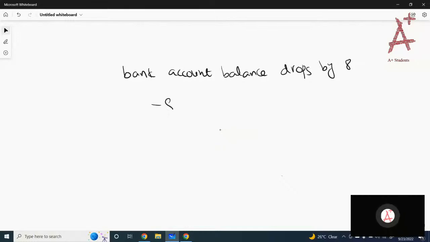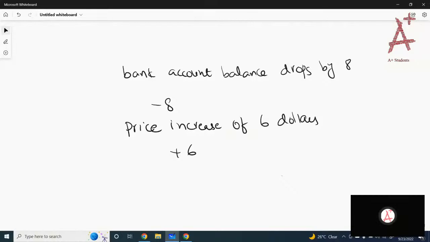So decreases or loss are always represented by a negative number, so it's negative 8. Got it? Select the correct option and click on the OK button. Okay, the next one is a price increase of $6. So is it positive or negative? It is positive because it's an increase. Increases are always represented by positive numbers. Got it?